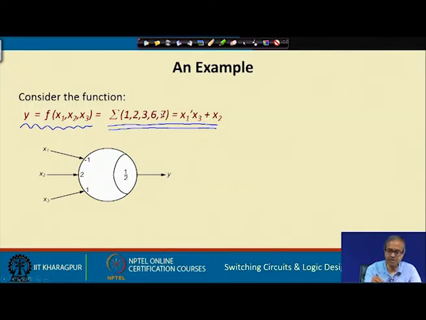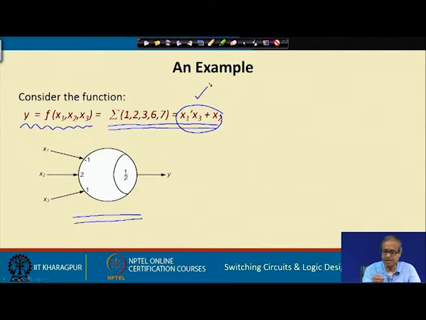If you do a minimization using K map or any other method, you will see that your minimum form is x1 bar x3 or x2. Now, here I am not telling how, but this is a threshold logic implementation of this function.